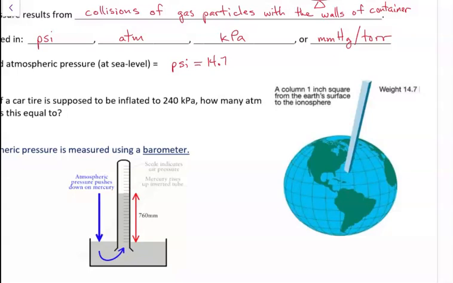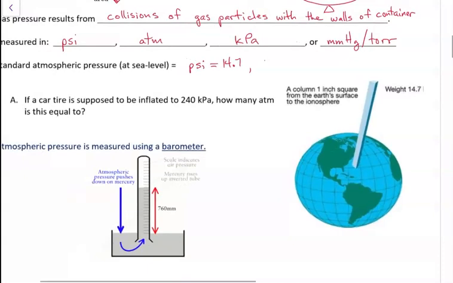Again, sea level is a little different. If you're up in the mountains, of course, it's going to go down. If you're way down deep in a valley that's below sea level, it would be greater than 14.7 because there would be more air. We more likely use atmospheres. That's one that we commonly use. In atmospheres, standard pressure at sea level is 1 atm.